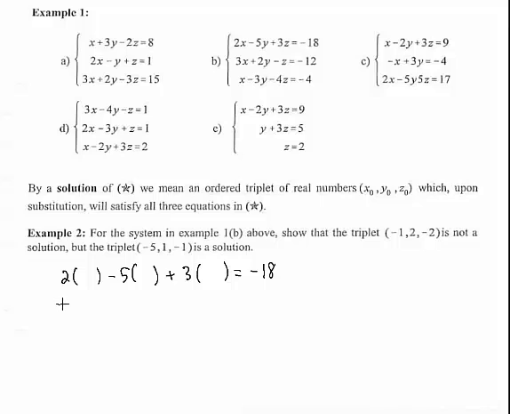The next equation, we have 3 times x plus 2, then we have a minus z, equals -12.